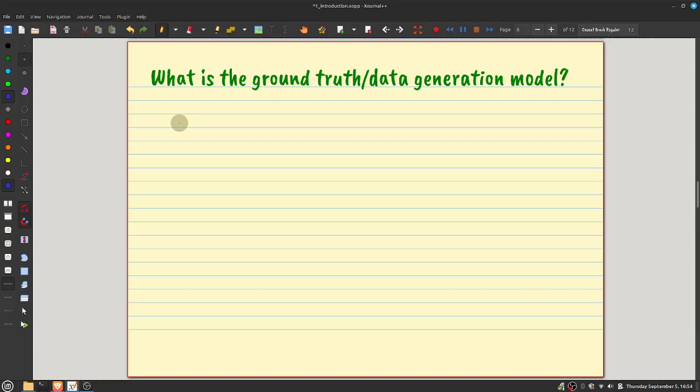Right? So you can assume that that's the ground truth. In other words, you could assume that the label is always equal to some function of the instance, some deterministic function, which of course you don't know.